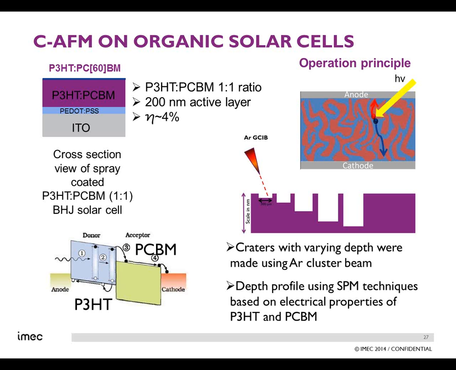And what we have done on these very, very soft materials to be at different depths is that we have been using an argon cluster beam to dig holes at different depths. That's what is shown on the right-hand side of this image. And afterwards, we make a CAFM image at these different depths inside it.